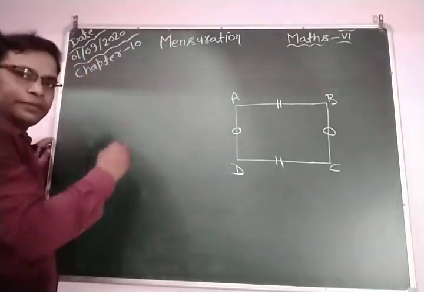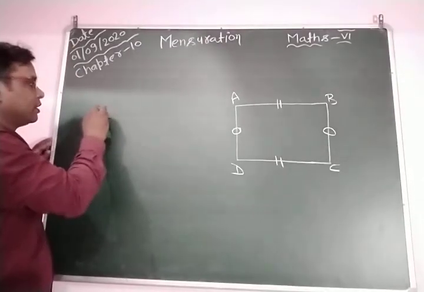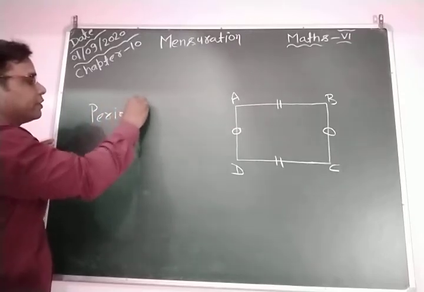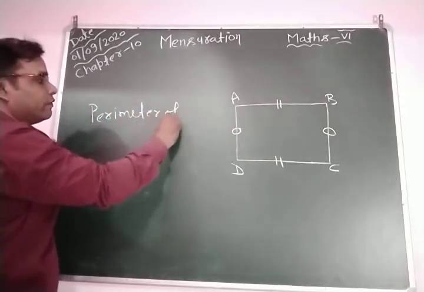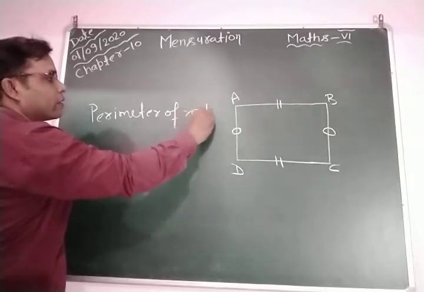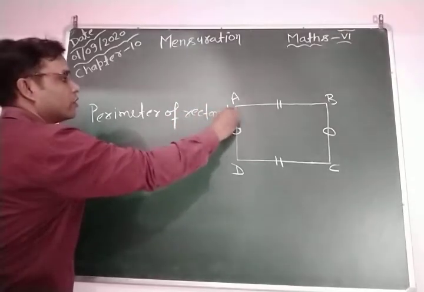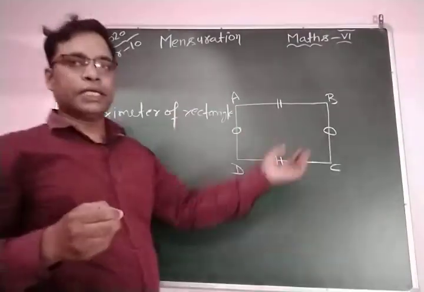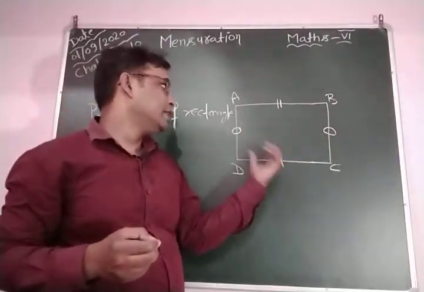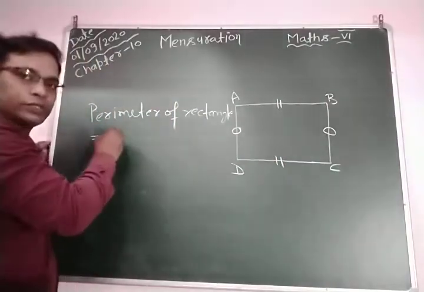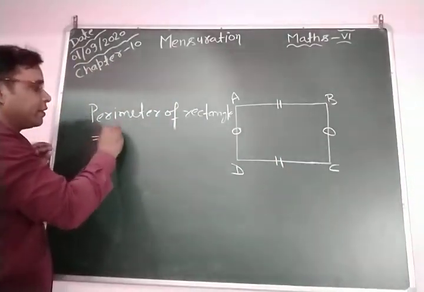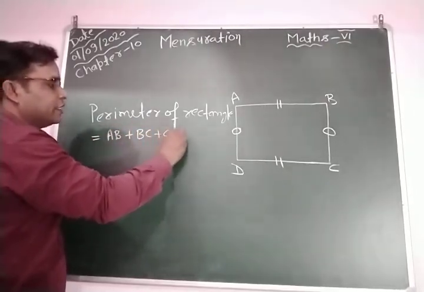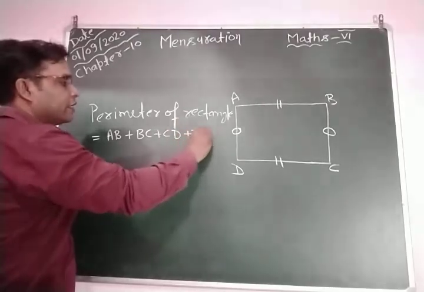Here we can write perimeter of rectangle is equal to the length of boundary, the sum of all sides. Sides are AB, BC, CD, and DA. So perimeter is AB plus BC plus CD plus DA.